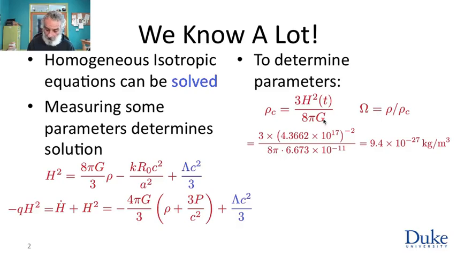And this critical density can be computed because we know the Hubble constant today. This is the Hubble constant in inverse seconds, because I know we discussed that the Hubble time, T Hubble, which is H0 inverse, is measured to be about 13.8 billion years.